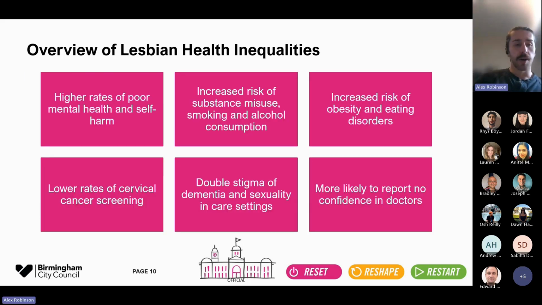Okay, so now I am going to talk a bit about the different health inequalities that are discussed in the profiles. Some of these statistics are pretty upsetting, so please do feel free to leave and join back in about 10, 12 minutes if you'd like. But with that, I will discuss some of these.